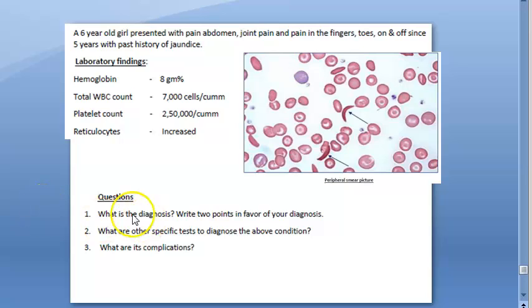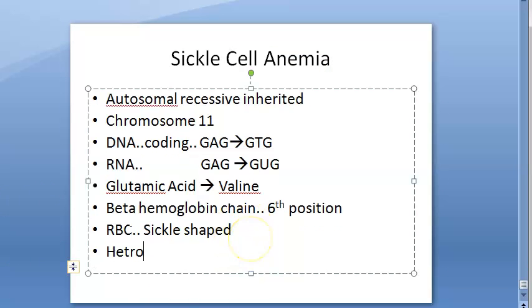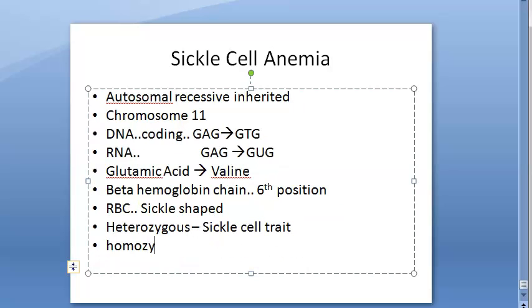How will you detect this? Hold on, we'll come to that. If it is heterozygous, then it will be sickle cell trait. But if it is homozygous, then it is sickle cell anemia, because heterozygous won't have that much issue, right?